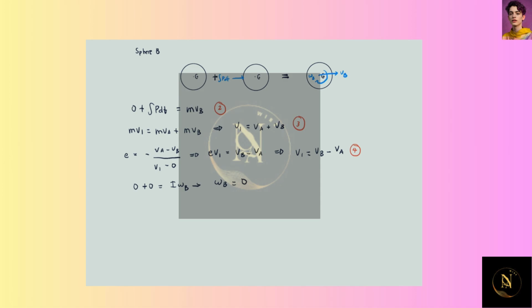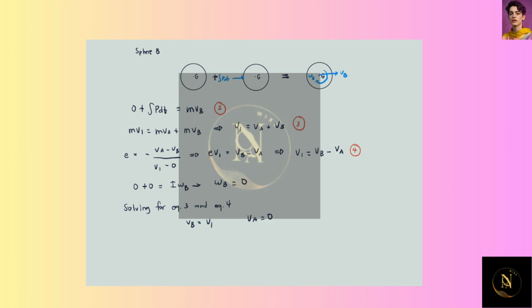Now, solving equations 3 and 4 simultaneously, VA would be cancelled out, so we'll be left with VB equals V1. Solving for VA, you'll see that VA is equal to 0.